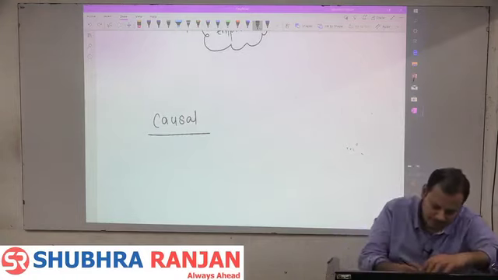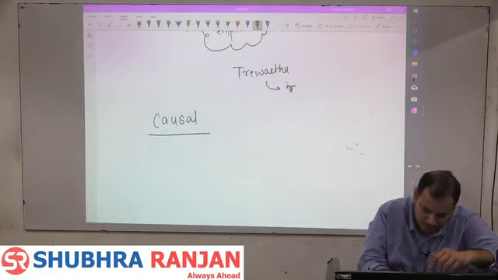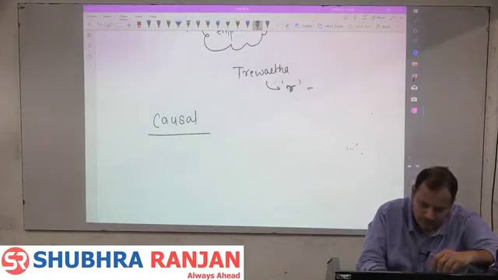Second minor modification: Trevartha uses small r. What does small r mean?